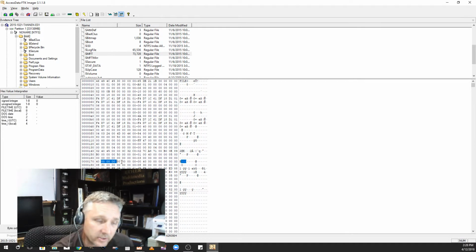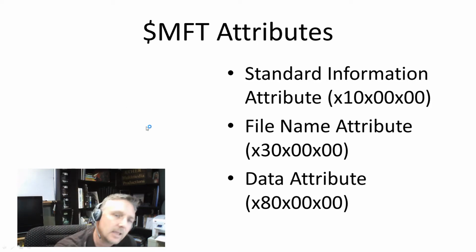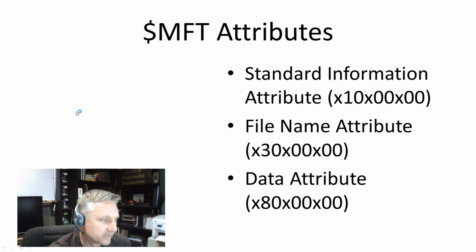So there are some other metadata attributes within the master file table, but we're not too concerned about those. What I'm concerned about, like I said, are these three: the standard information attribute, the file name attribute, and the data attribute, which we will cover in much more depth next week. Okay, so this week we're just looking at an overview of the master file table.